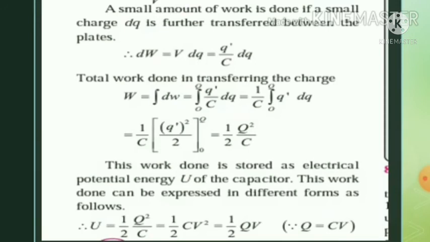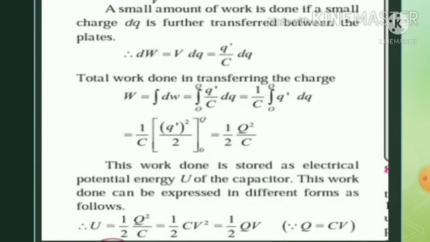From this equation of work done, we can find the total work done in transferring the total charge, which is the complete charging process of the capacitor.